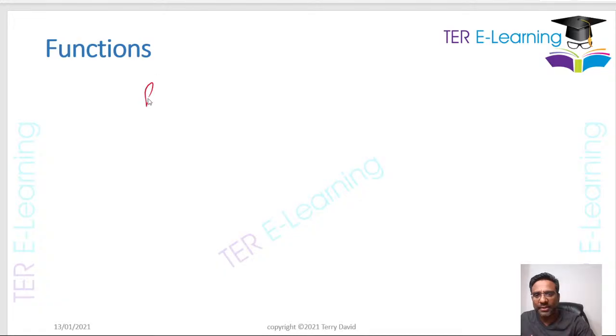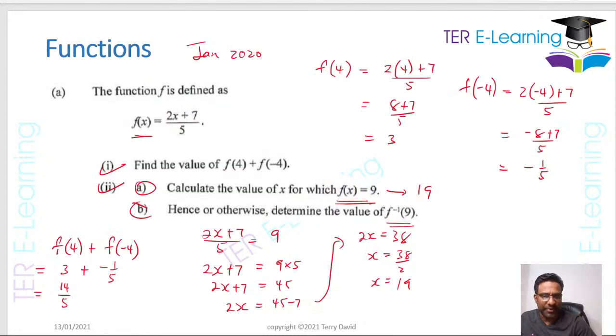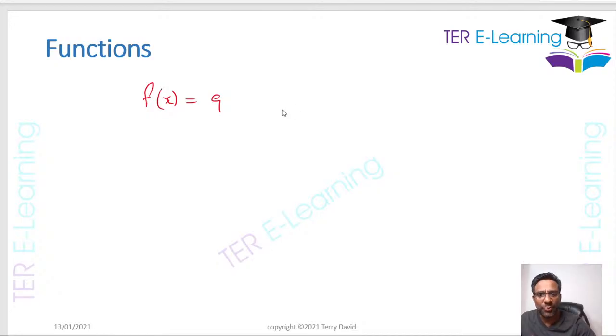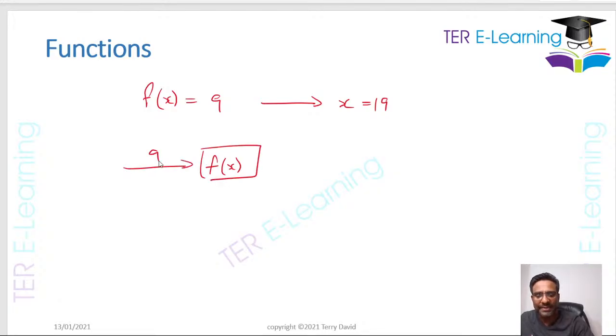So we just worked out f of x, right? When f of x is equal to 9, the value of x that we worked out was x is equal to 19. So what that means is that if I have a function here and I plug into this function, I am going to get the output, right?